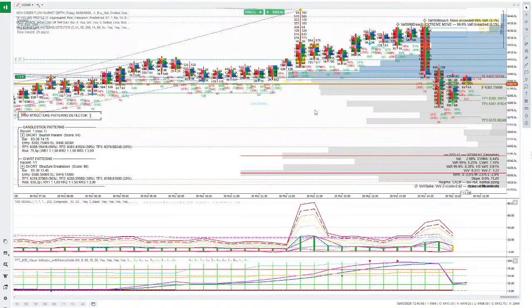And exactly now we are basically in the wrong direction, which is not a good thing, definitely not a good thing.